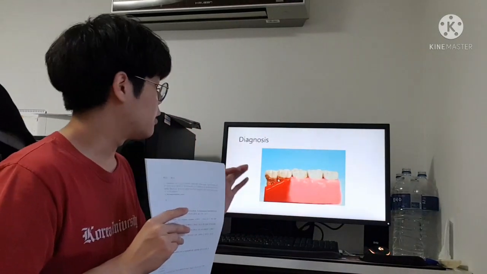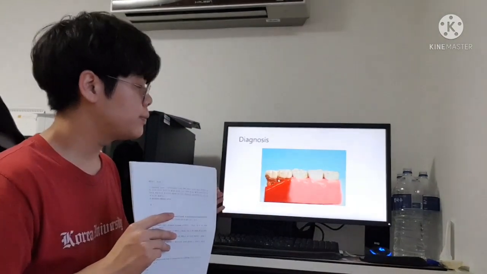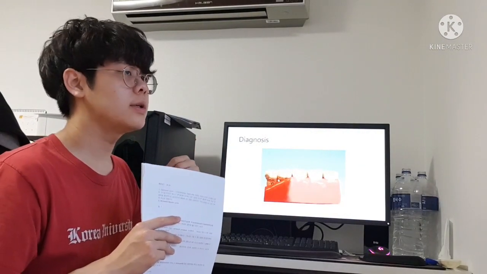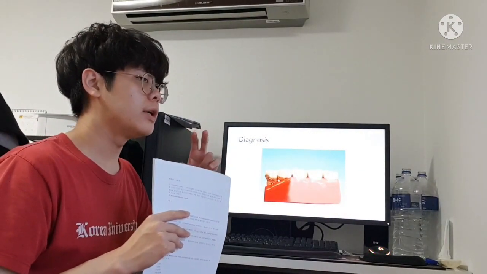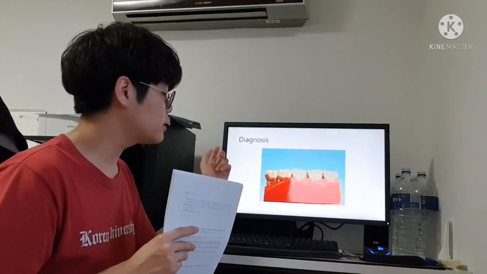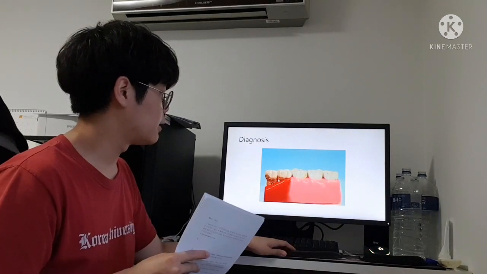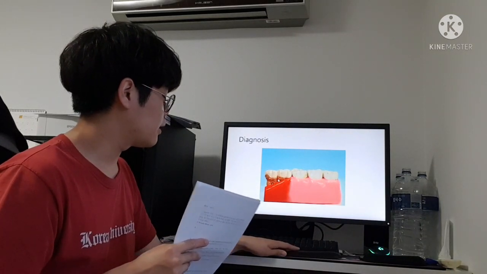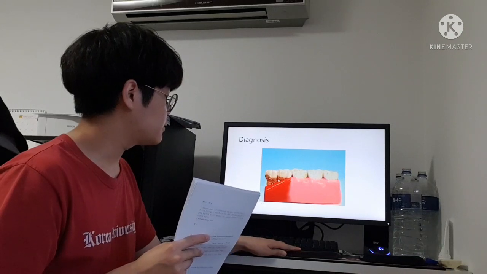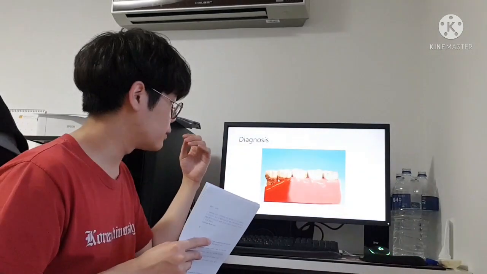So we have to diagnose the patient, and we have to make implants to fit their bones too, and make a treatment for that stage.